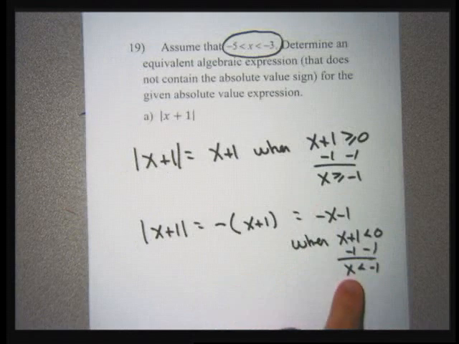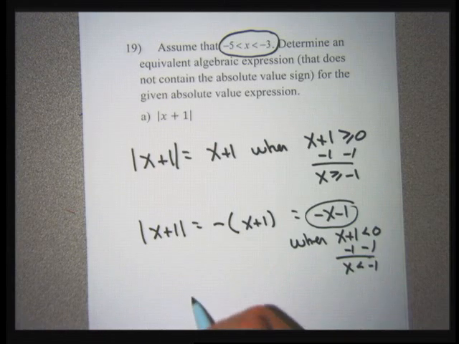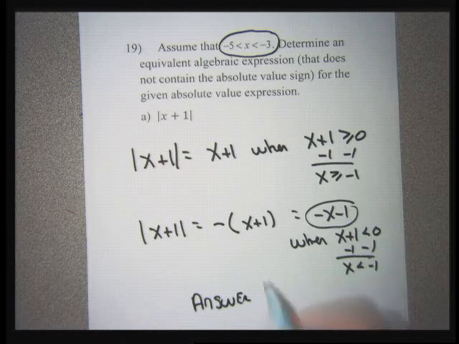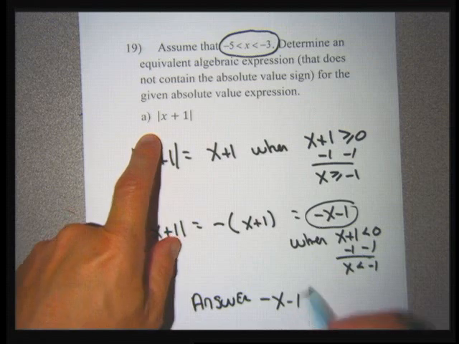They all satisfy that they're less than negative 1. This is the version of the absolute value that I needed this trick for, twice, both times I took the Accuplacer. The problems are not the same problem, but this is a trick that you need. I didn't want to give Accuplacer's problems away, but I want you to be exposed to that trick. So the answer to problem 19a: when x is between negative 5 and negative 3, the absolute value of x plus 1 equals negative x minus 1.